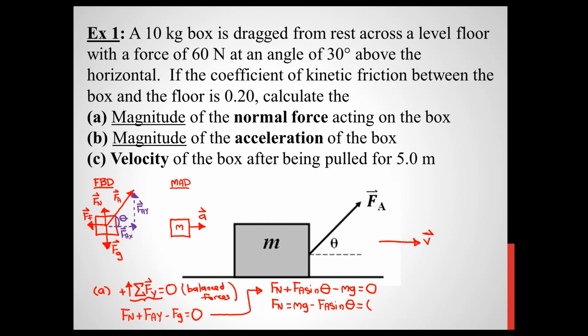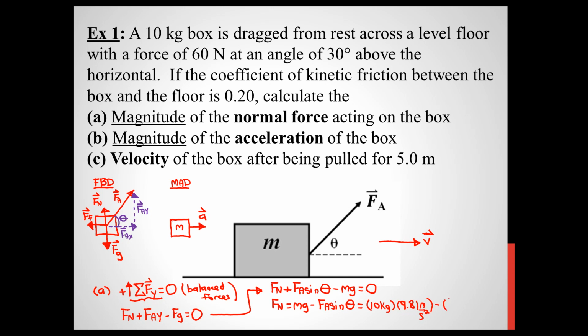So we'll do that. The mass is 10 kilograms. g is the magnitude of the acceleration due to gravity. We do not need to put a negative sign in front of it. We already dealt with the negative over here, where we have the negative in front of the Fg.